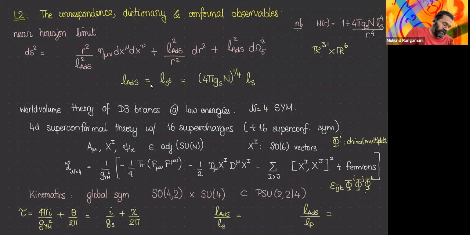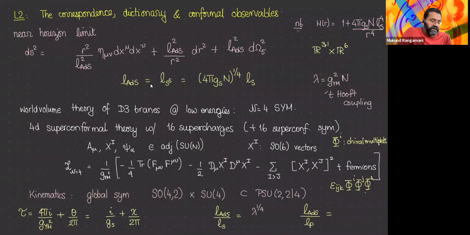So this I will write as lambda to the 1/4, because I'm going to define lambda to be g Yang-Mills squared N, as I did yesterday when I took the 't Hooft limit. So g_s N becomes g Yang-Mills squared N, and the AdS scale in string units is determined in terms of the coupling lambda.